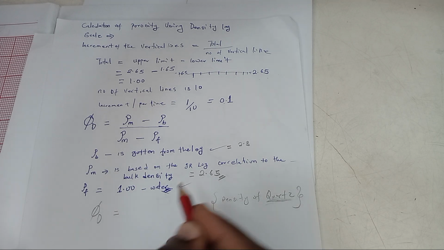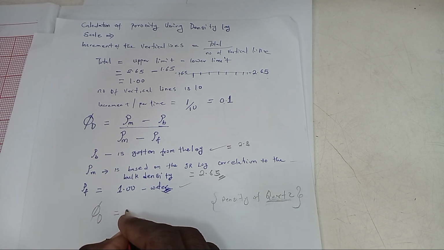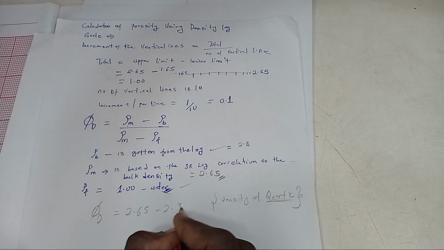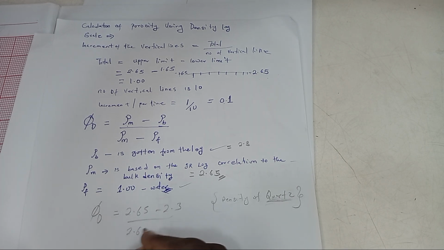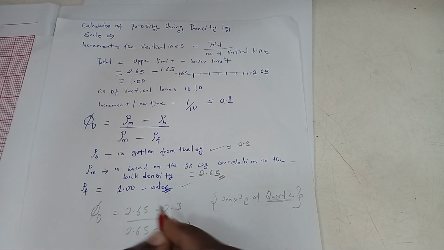So our density porosity log is 2.65 minus 2.3 over 2.65 minus 1.00.